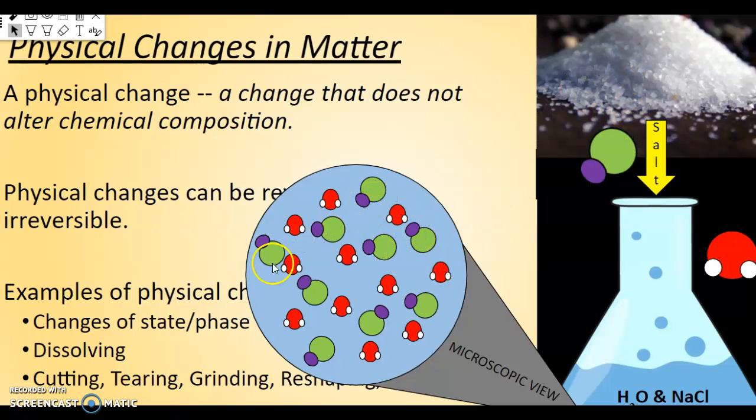So we no longer can see the individual particles of salt. However, they are still there. And they are still intact. Because the chemical formulas do not change, it was a physical change. If we wanted to prove that it's a physical change, we could just evaporate the water off, and then we would be left with salt crystals. So dissolving is a physical change.